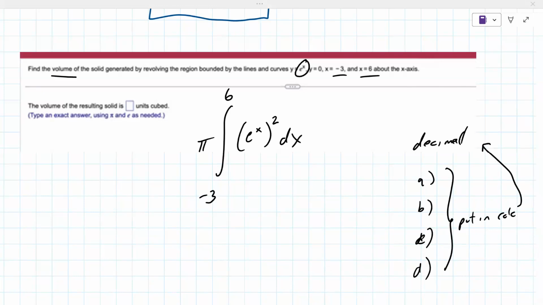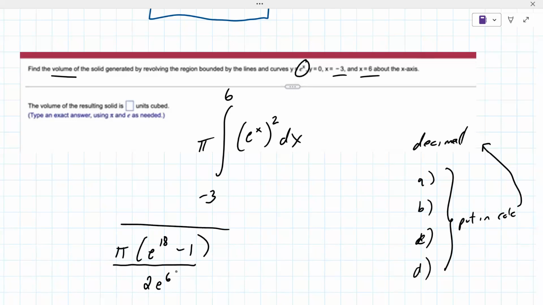Pi, e to the... All right. So the answer here is pi e to the 18 minus 1 over 2 e to the 6. So that's your exact answer. That's what they want in the box there.